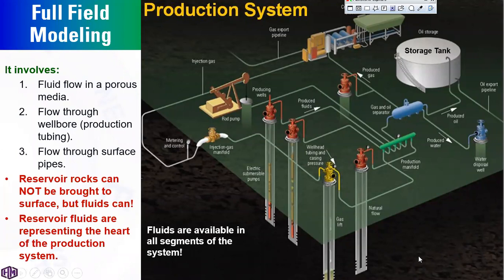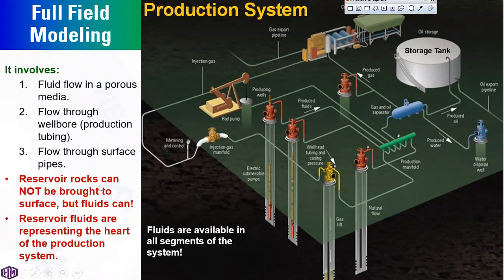So actually the reservoir fluids are available in all segments of the production system: in the reservoir itself, in the pore spaces, in wells and on the surface pipelines, and also in the processing facilities, and also when the fluid is directed to the final terminal, the pipeline transportation and so on.